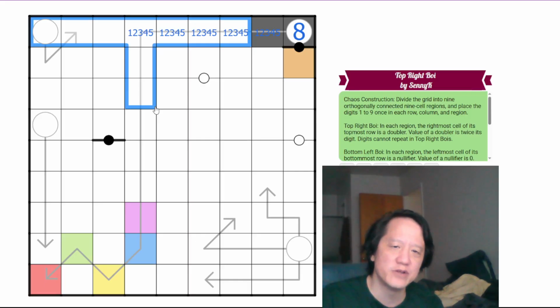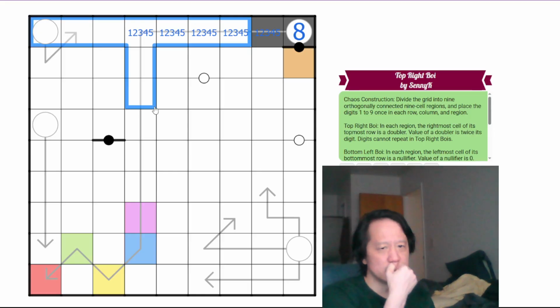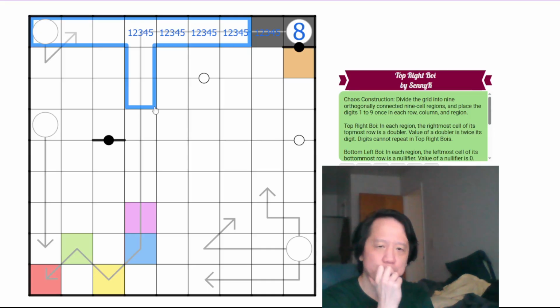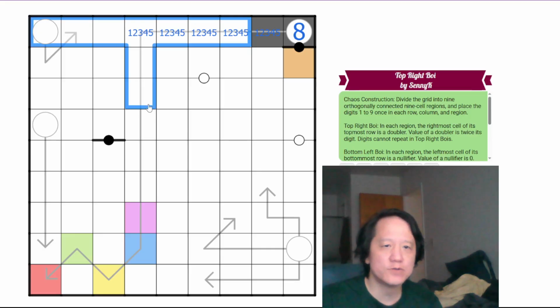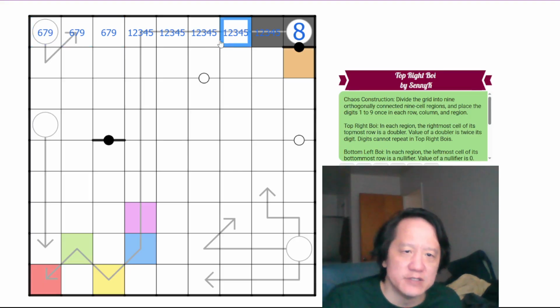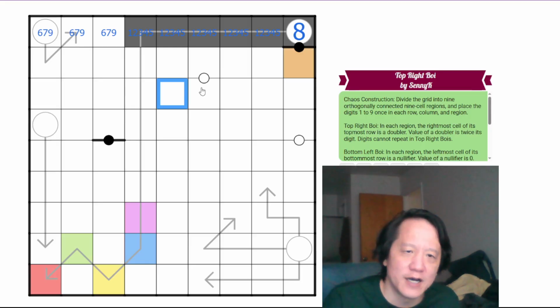That could be a bottom left boy. So remaining digits in row 1 are 6, 7, and 9. None of these can be doubled. So none of these can be top right boys. So we definitely do not have that.